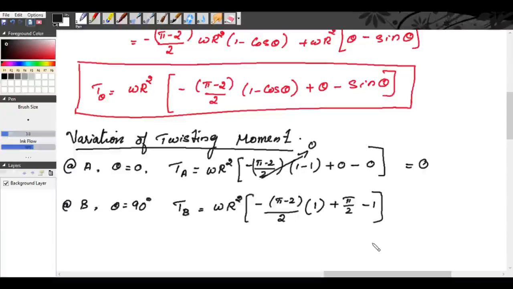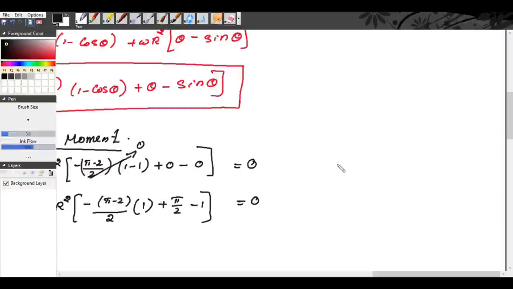So we get minus pi by 2 plus 1. So minus pi by 2 plus pi by 2 gets cancelled, plus 1 minus 1 get cancelled, is equal to 0. So TA is equal to 0 and TB is equal to 0. So our twisting moment diagram will be like this.